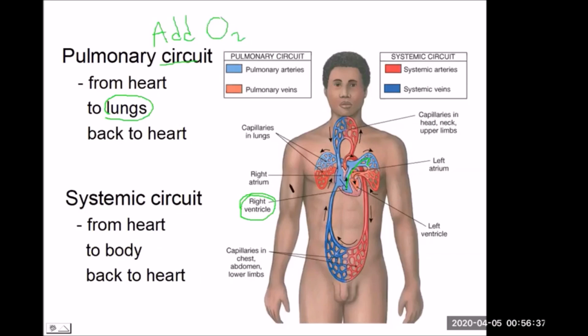Whereas now the systemic circuit starts here, powered by the left ventricle, and we're now pumping that oxygen-rich blood all around our body to nourish the organs with oxygen. So on the systemic circuit, the purpose here is delivery of oxygen, but ultimately, at the end of the systemic circuit, that now deoxygenated blood is going to flow back into the right side of the heart, and then it's destined for another loop through the pulmonary circuit.